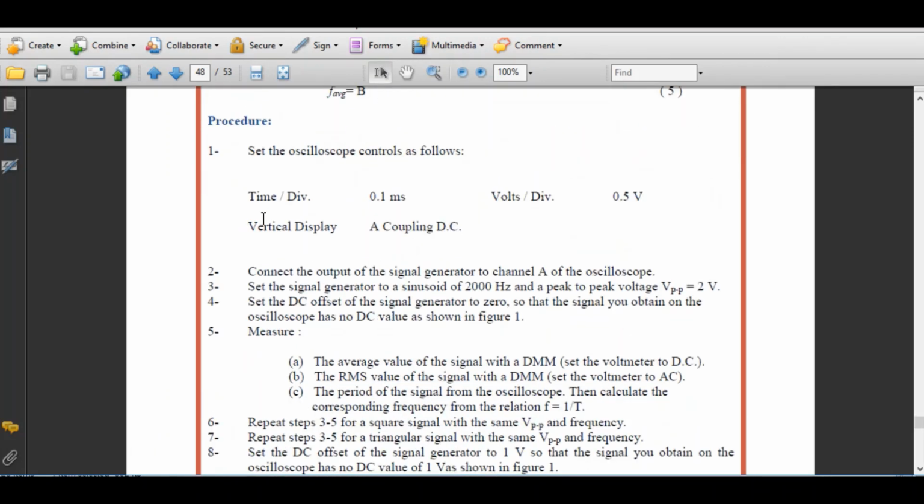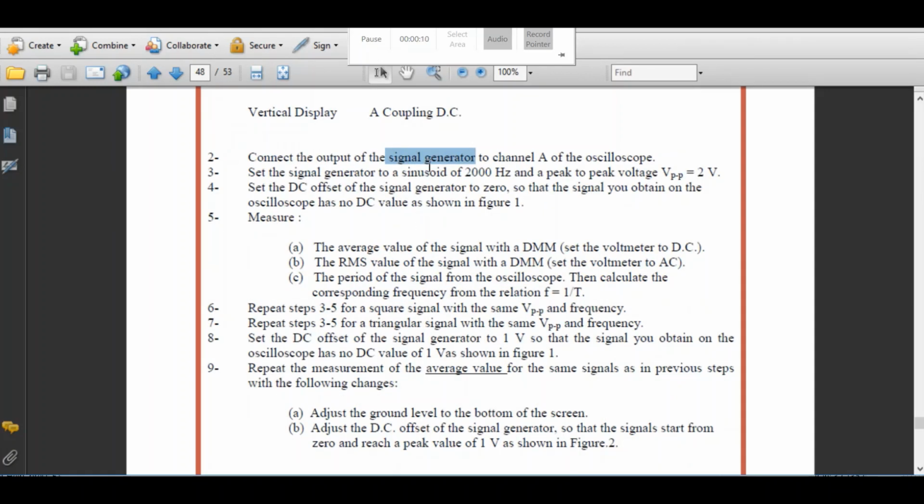These are the parameters of the oscilloscope, like time per division and volts per division. We have to connect the function generator to the oscilloscope, and also connect the digital multimeter. Why?